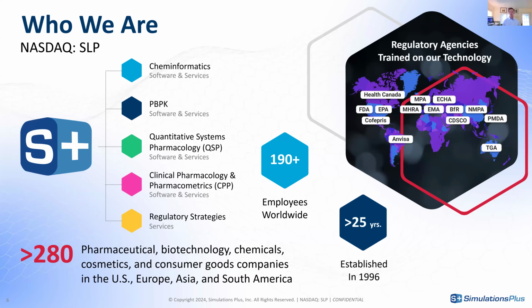In the clinical pharmacology and pharmacometrics area, we have a well-established footprint there. We're growing our regulatory strategies group. And now within the quantitative systems pharmacology group, we're delighted to alert everyone, if you weren't already aware, that our team has grown twofold over the last 12 months.